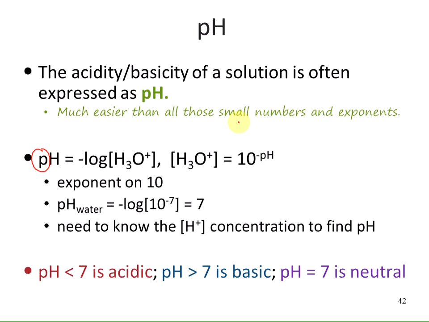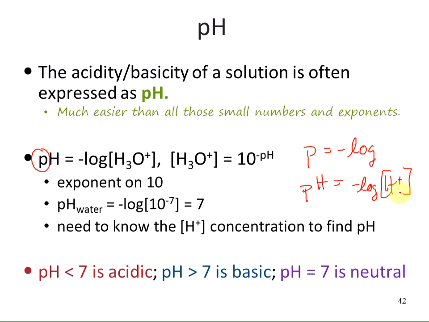We will be using several other P terms like pKa, pOH, pKb, and each time the P means the exact same thing. It means to take the negative log of something. So in this case, the pH means to take the negative log of the H plus concentration. And if the pH is less than 7, the solution is considered to be acidic. If the pH is greater than 7, it's considered to be basic. And if the pH is at 7, it's considered to be neutral.